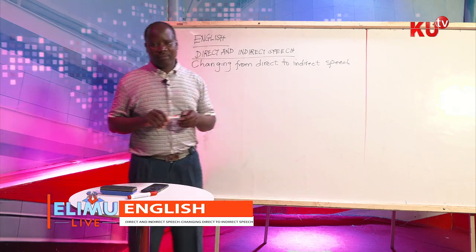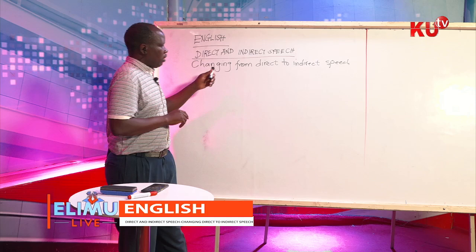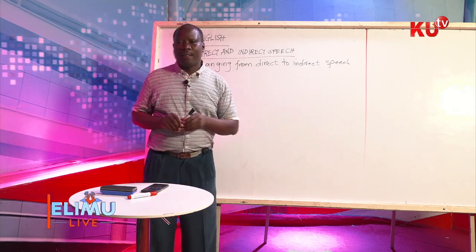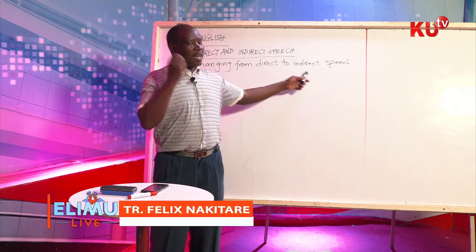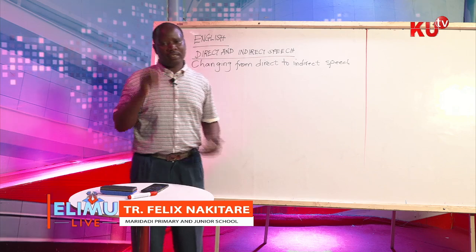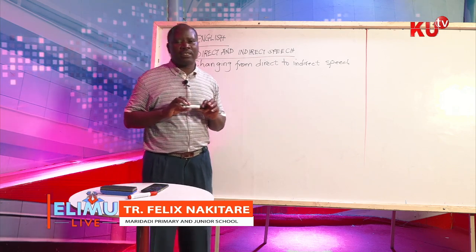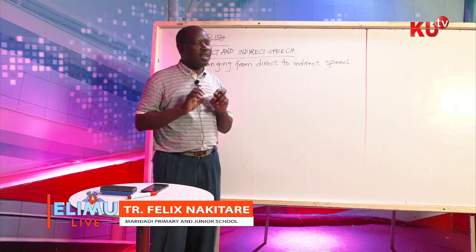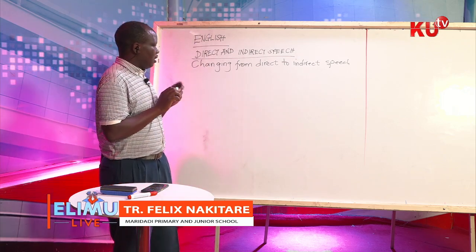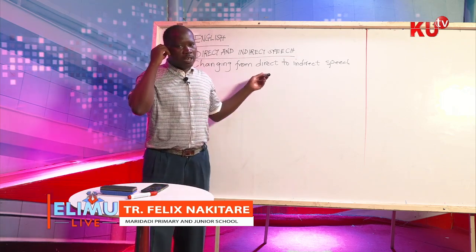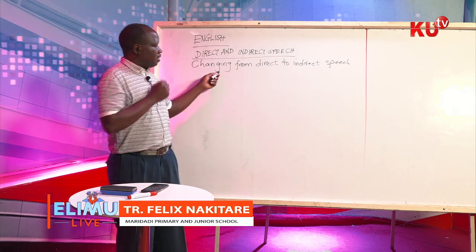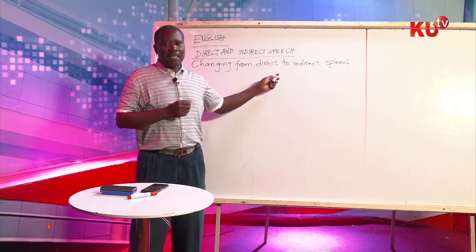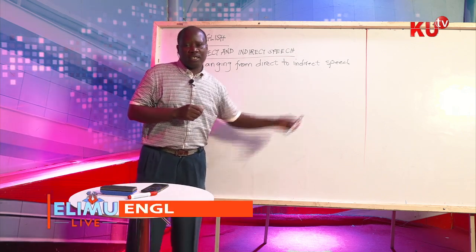Having known what direct speech is and what indirect speech is, and having got some examples of sentences, I want us today to go straight to our strand of the day, which is changing from direct to indirect speech.